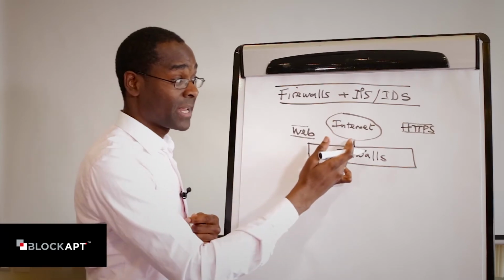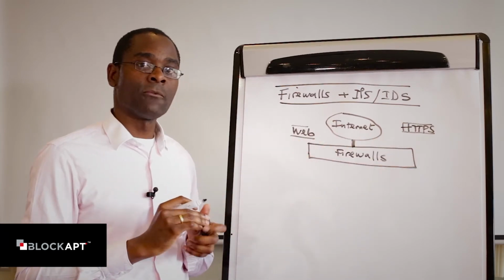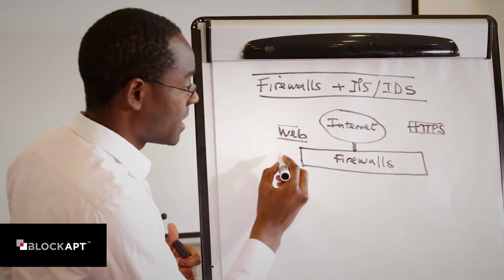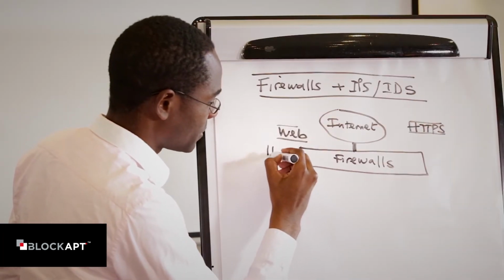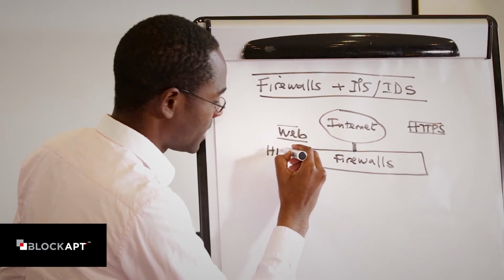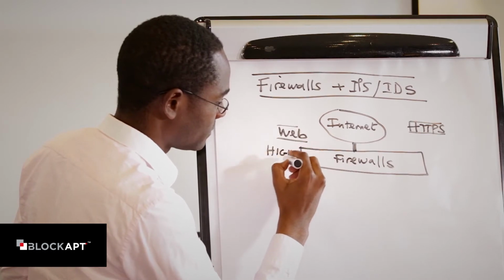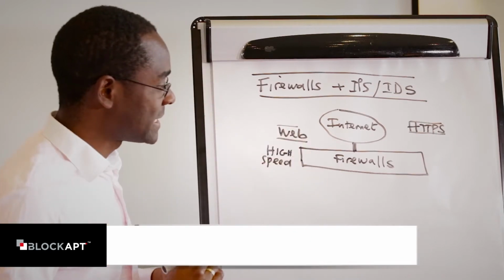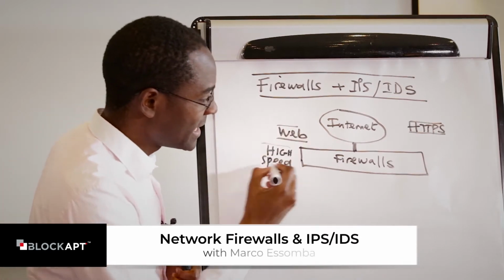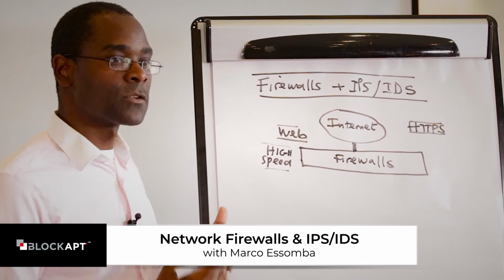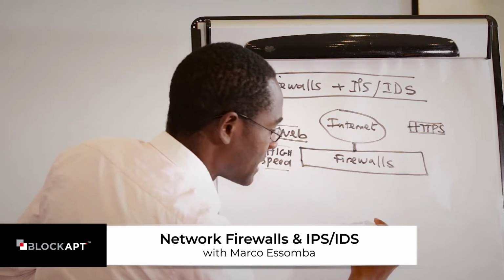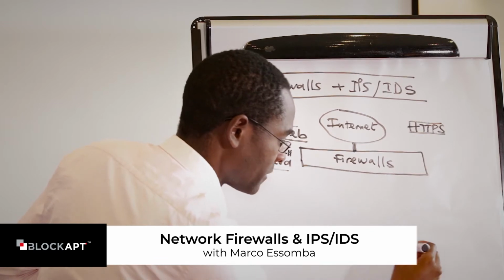If you were to try to connect to a different type of service within the company, the firewall is going to stop you. It's usually very high speed. Because you sit at the edge of your network, this thing needs to be very fast in terms of coping with a lot of connections coming through. And bear in mind, I'm going to keep a simplistic view of our network.